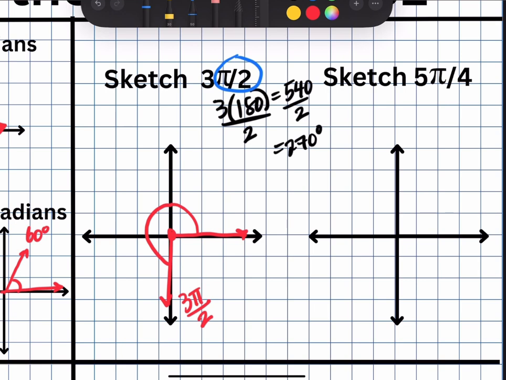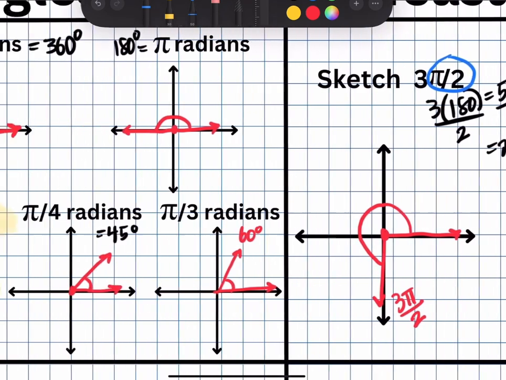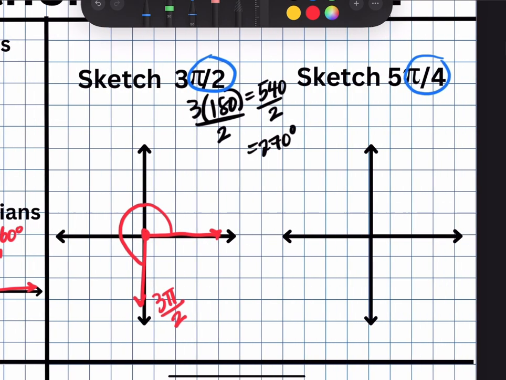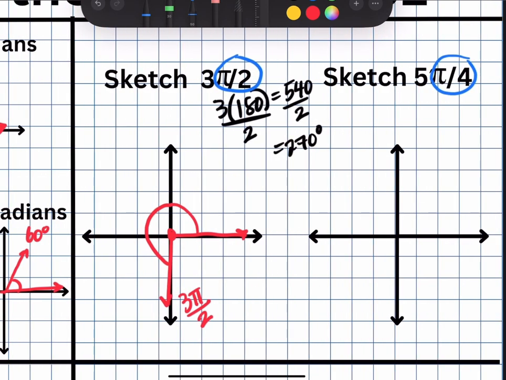Now, I want 5 pi over 4's. So how much is pi over 4? Well, if we come back over here, pi over 4 is a 1/8 of a circle, right? So I'm going to do 5/8 of a circle.